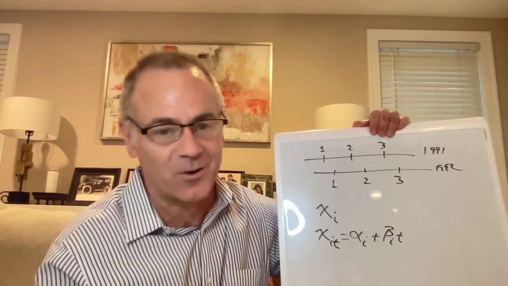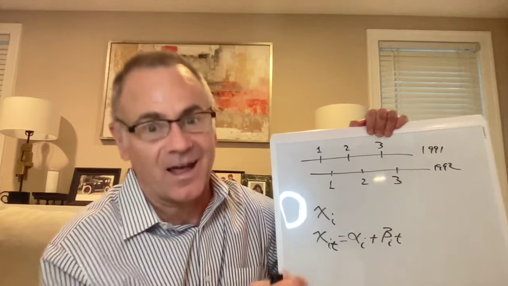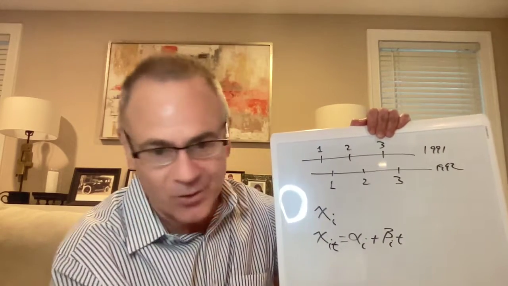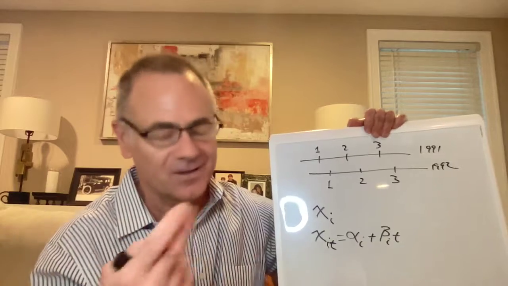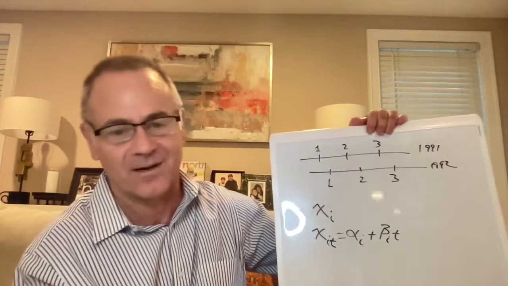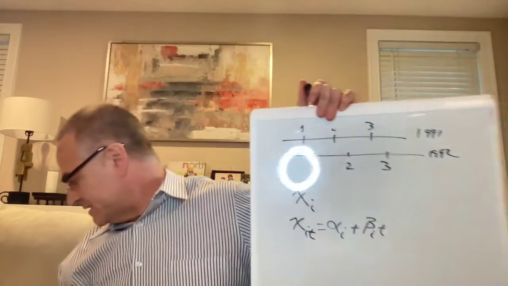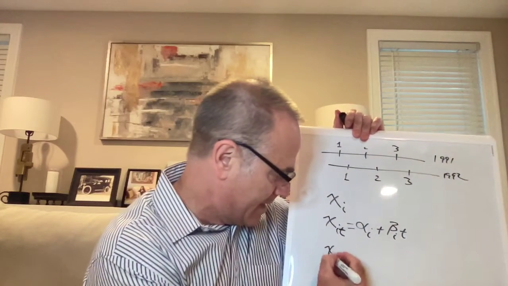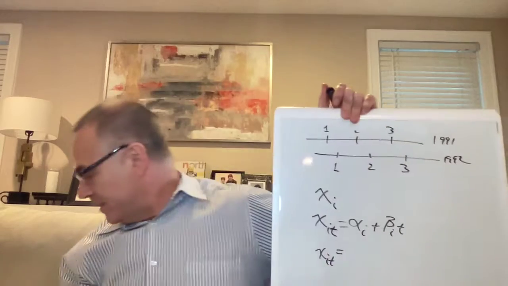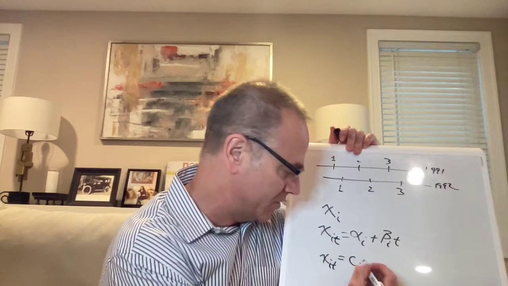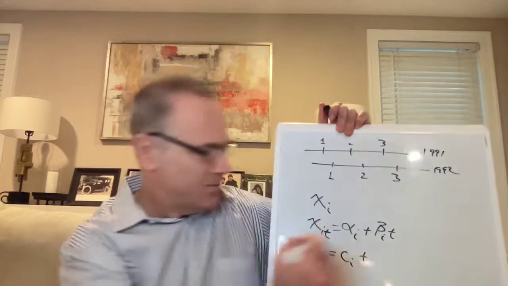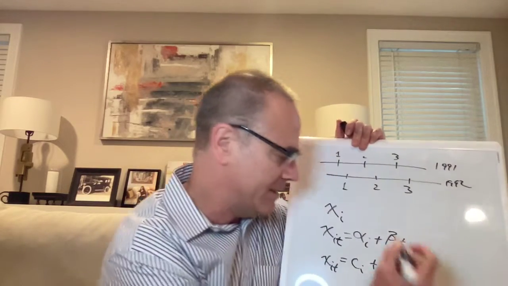I told you this is your homework problem. They do something like fix one legislator or fix a few legislators, or they have to do something in order to identify that. What the homework problem says is suppose instead that XIT equals a constant for person I, CI, plus DIT.